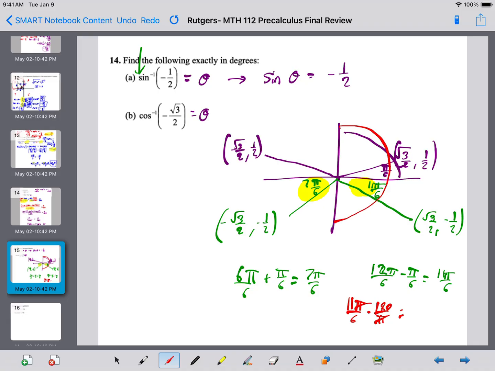It's 330 degrees. Okay. So your answer could be 330 degrees.